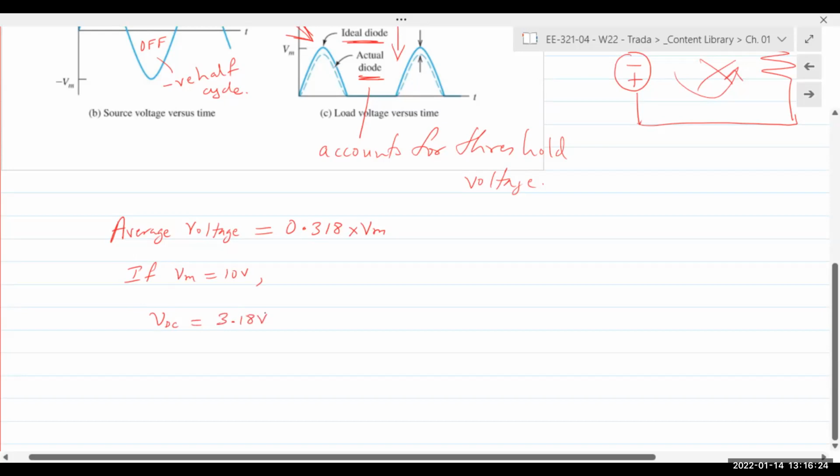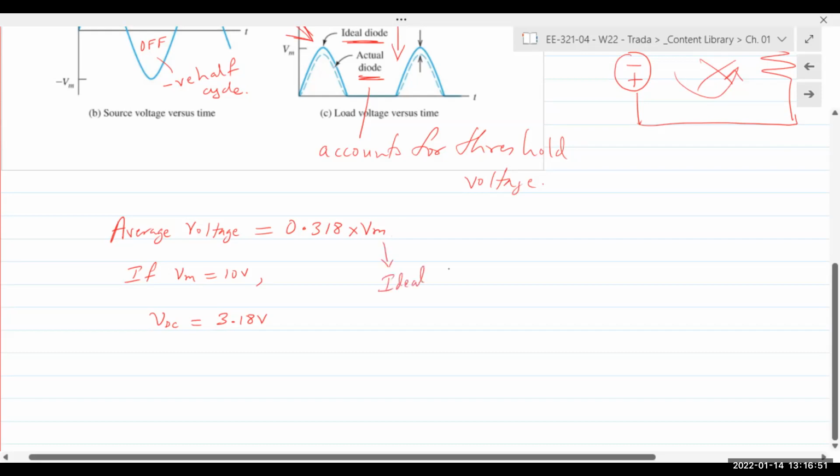If you want a 3 volts DC output from a half-wave rectifier, you would need a transformer that is capable of giving you at least 10 volts, if not more. And this is for an ideal diode, right? For a real-life diode, you'd still have to subtract 0.7 volts from this output in order for it to turn on. So it would be VM minus 0.7. This is for an ideal diode.